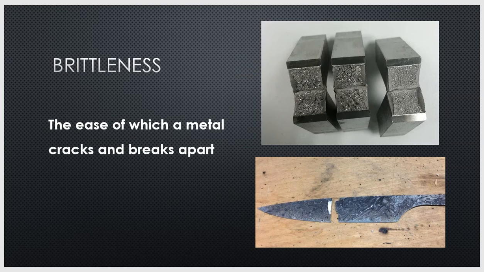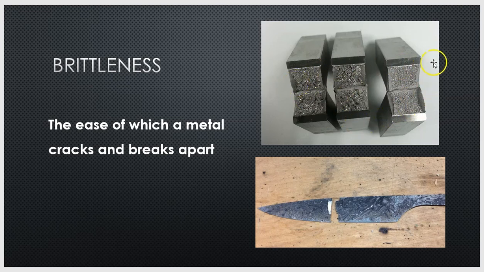And then we have brittleness. Remember, when a metal is brittle, instead of bending or getting drawn out as you start to shape it, it's just going to break immediately. Take these pieces of metal, for example.